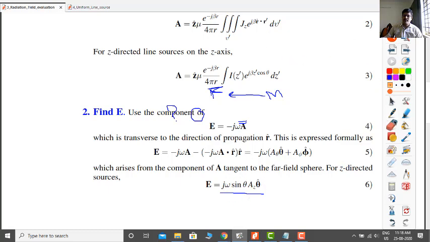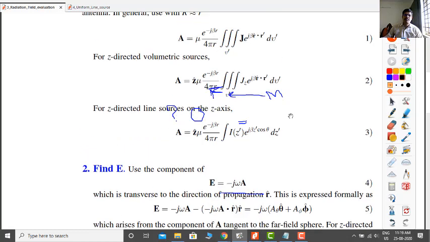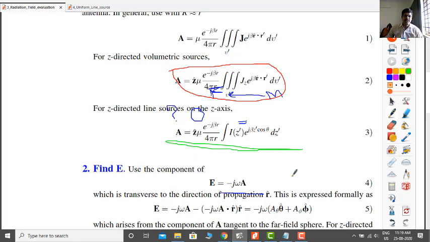So we need to remember these expressions for almost all our discussions. This is the general expression for a volumetric source, and this one is the special case. When the source is oriented along the Z axis, we use these expressions.